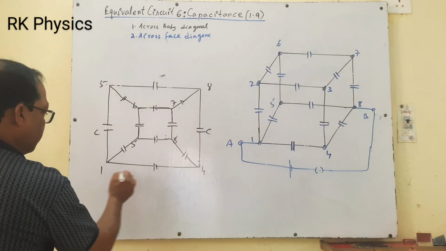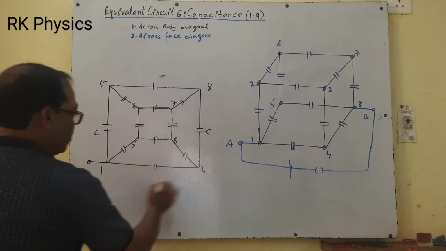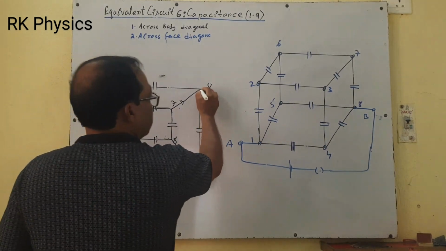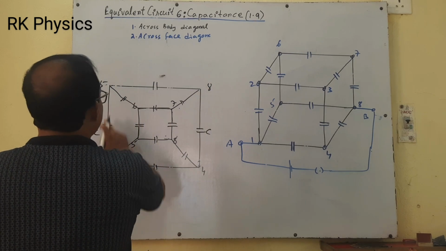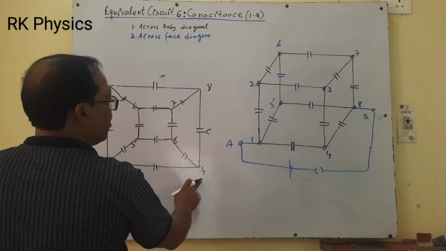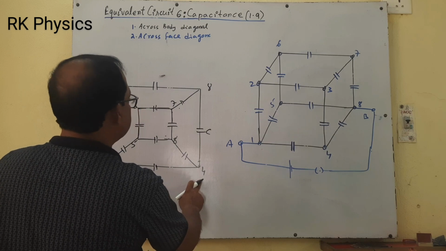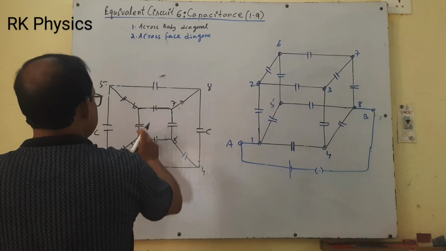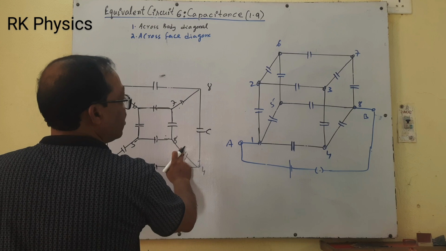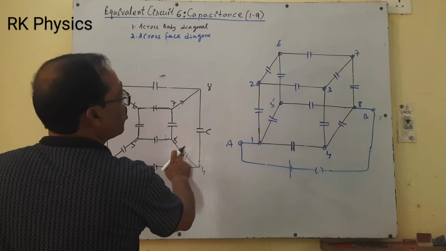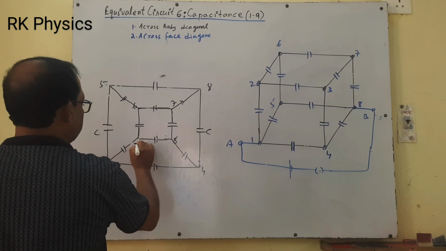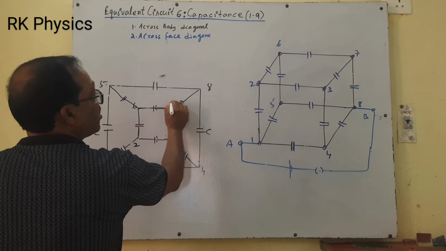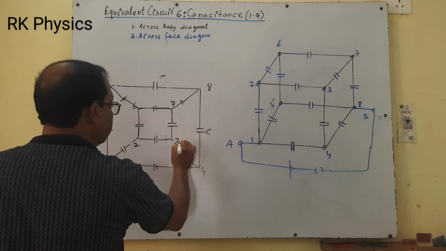Now where is A? A is at 1, and where is B? B is at 2 6 7 3, sorry, this is 2 6, this is 7, this is 3.